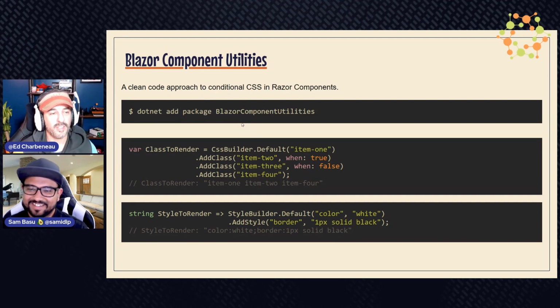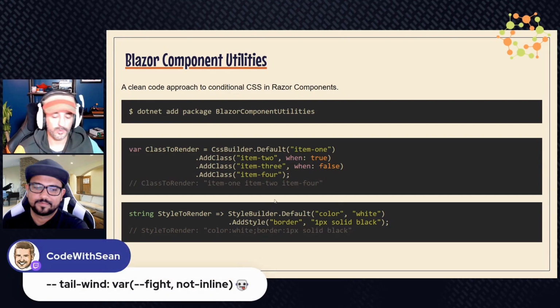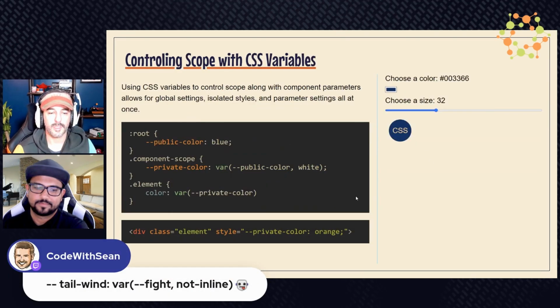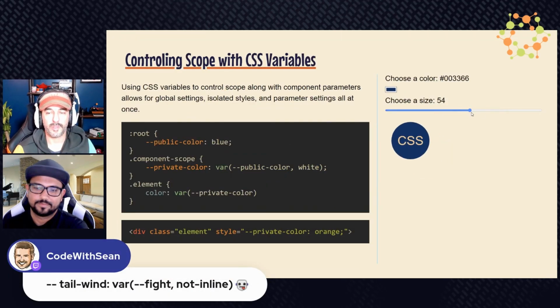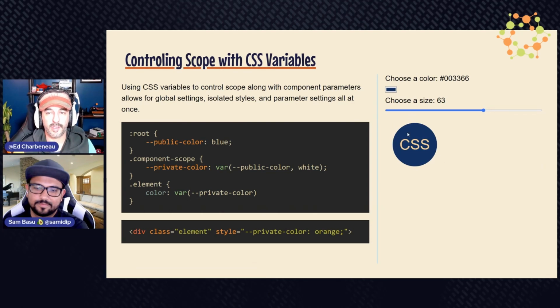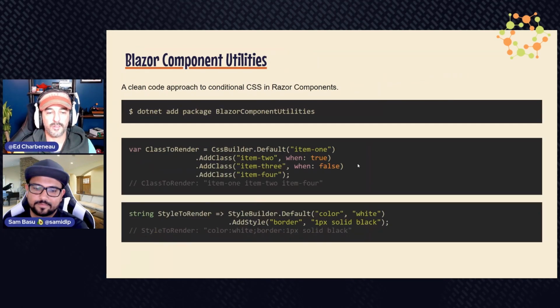Yeah, we'll dig in just a minute. So one thing that I wrote to help clean up the code in my components, and it helps with the example that I showed too. In this example, there's a lot of things taking place to make that style apply correctly.